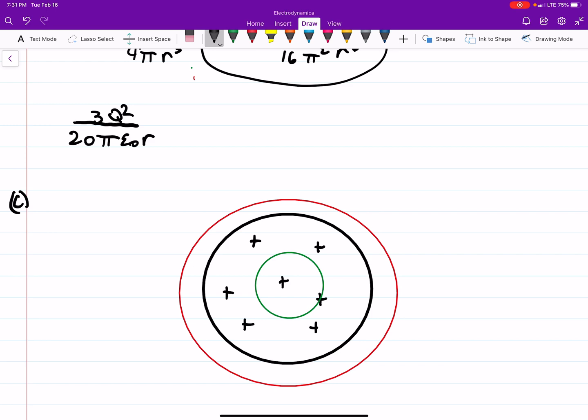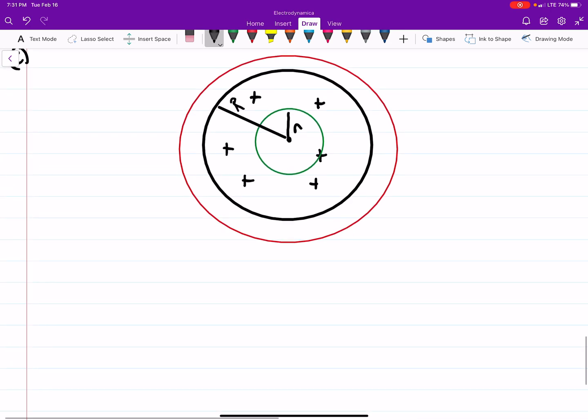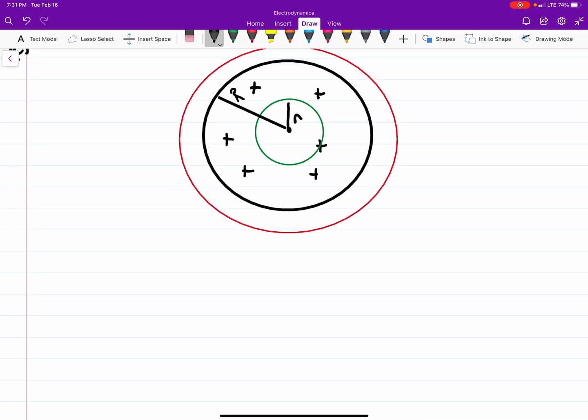So what do we have? I'm going to erase this plus charge just so it doesn't get in my way. We'll call this r, and we'll call this the actual surface big R. So little r is our Gaussian surface here. Okay, so we need to find the E field both inside and outside. You probably already know how to do this.